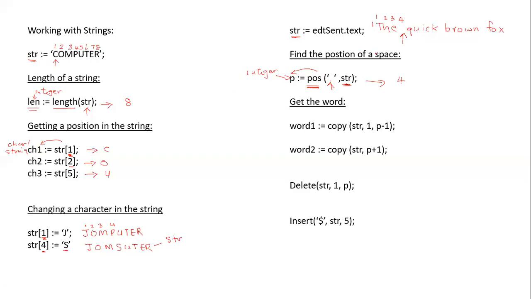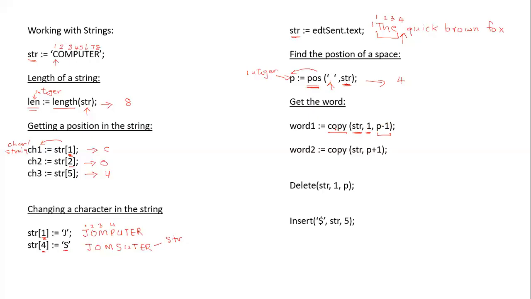If I then want to get the first word out of the string, I can make use of another function called copy. Copy can have 3 parameters. The first parameter is the string we're copying from. The second is where we want to start copying from. And the third represents the number of characters we want to take from the starting point.